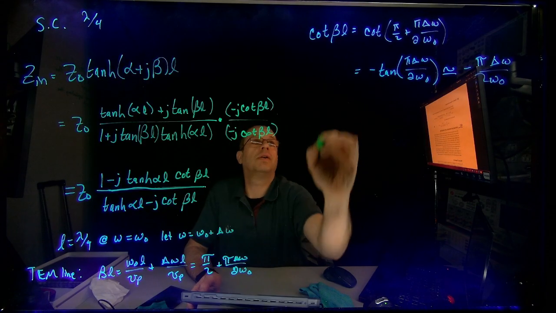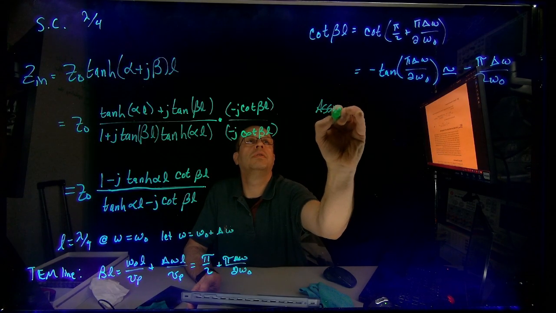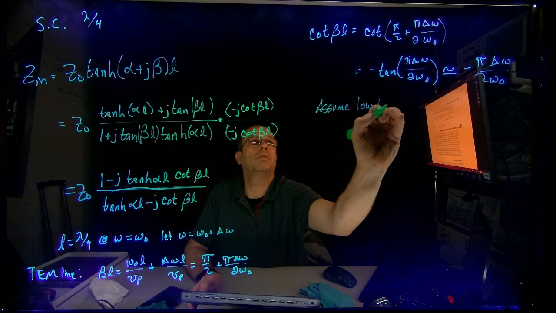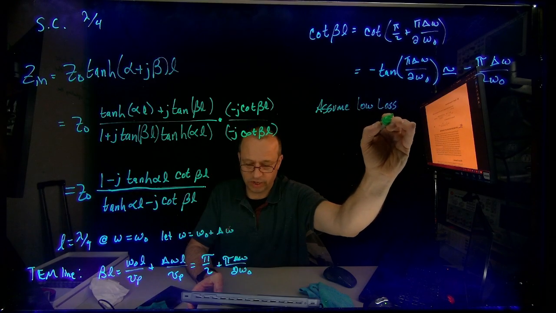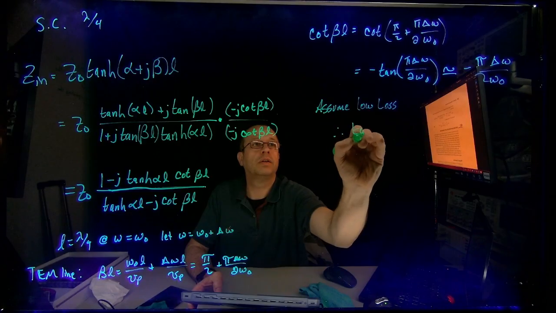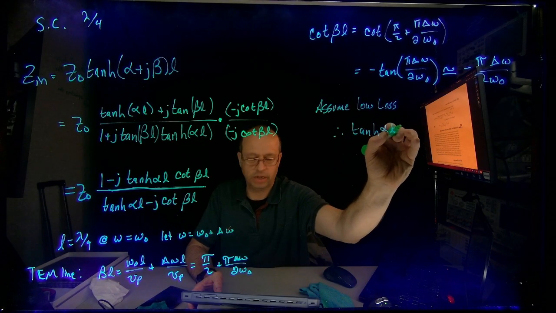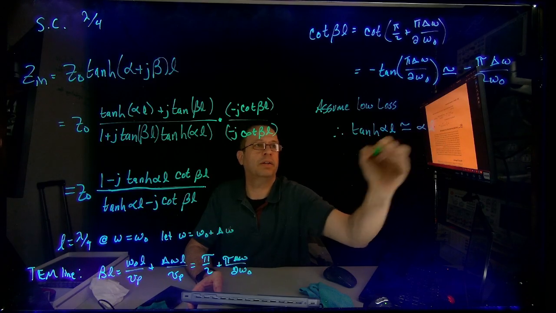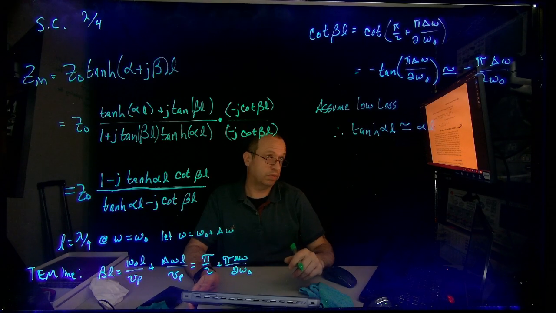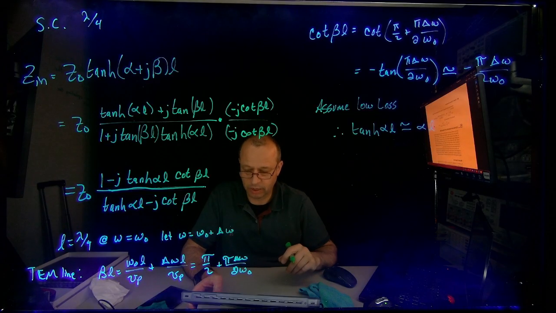Then we're going to assume low loss, which therefore means hyperbolic tangent of alpha L is approximately equal to alpha L. Okay, so low loss. No problem.